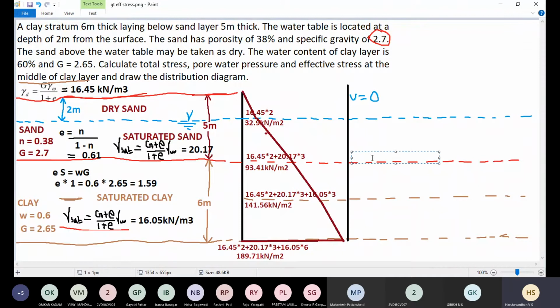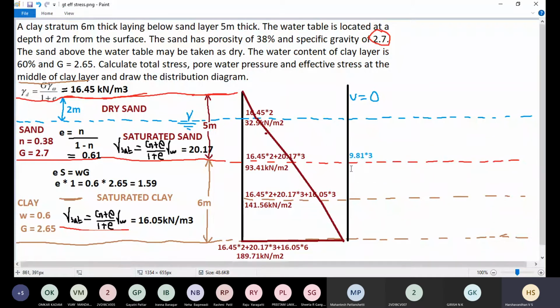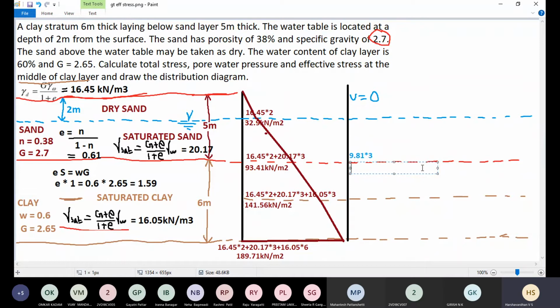Now, at the bottom of the sand layer, what will be pore pressure? What is the depth of the water above this point? 3 meter. Unit weight of water is 9.81 multiplied by 3 meter. So answer is 29.43.